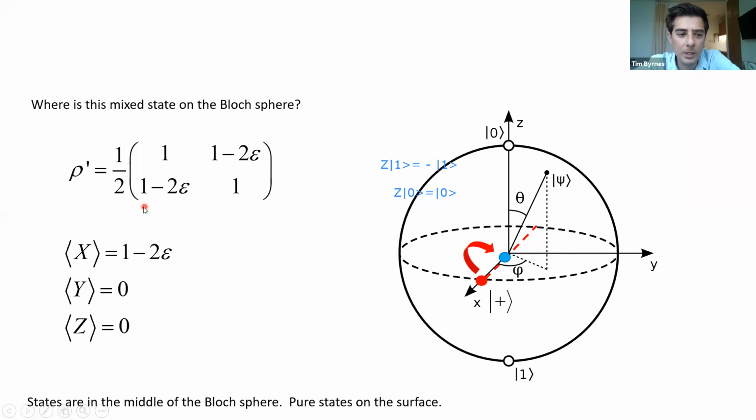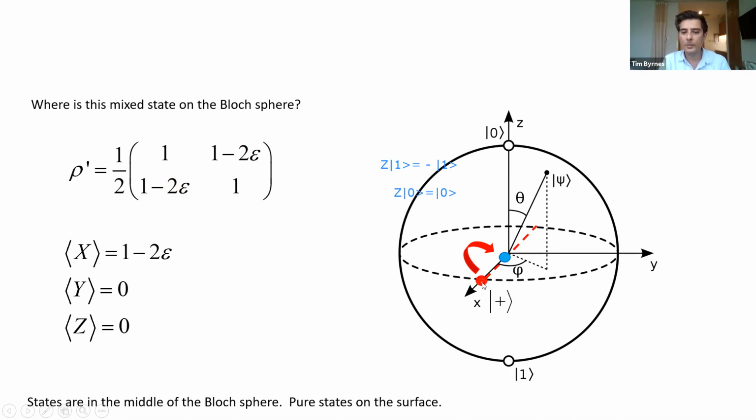That means the superposition of the qubit. So remember, this state is starting here. Now imagine this case where epsilon is, say, a half, right? In this case, this off-diagonal term would be equal to 0, and then this would turn into this state without any of these off-diagonal terms.